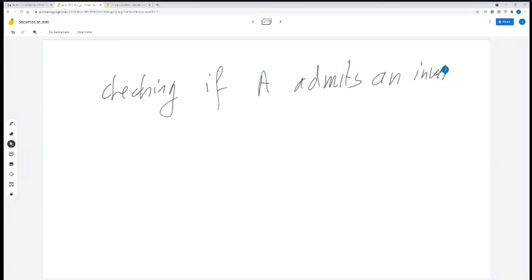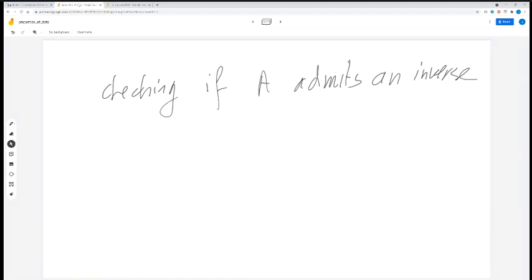So let me write here: checking if A admits an inverse. How do you check? You don't directly augment the matrix by the unit matrix and try to manipulate the rows into the row echelon form or reduced row echelon form.